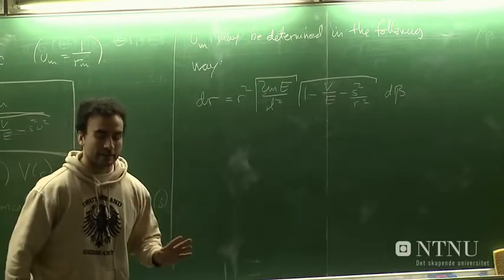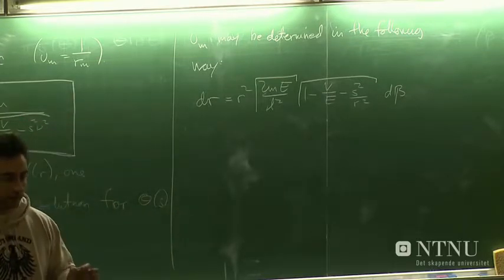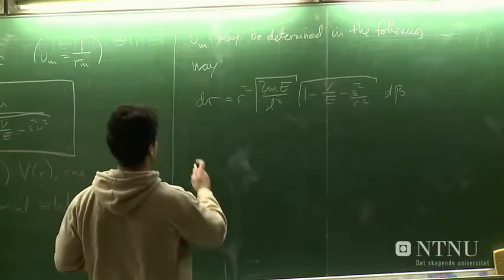And now the point that the perihel, the point of the trajectory which is closest to the center, is defined in the following way.